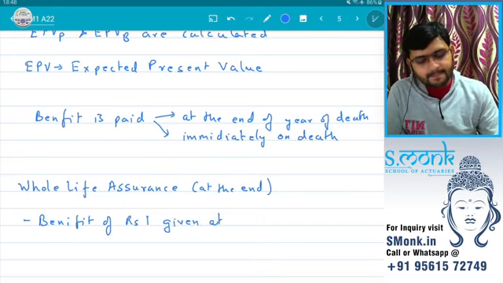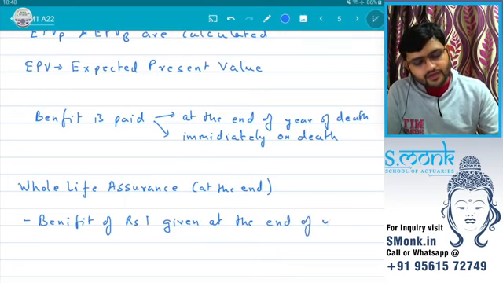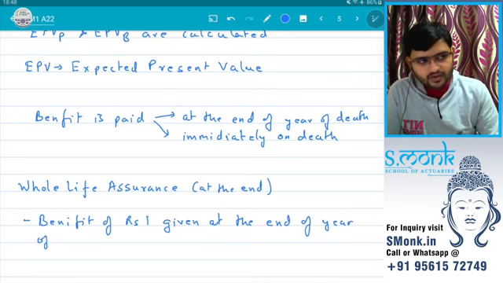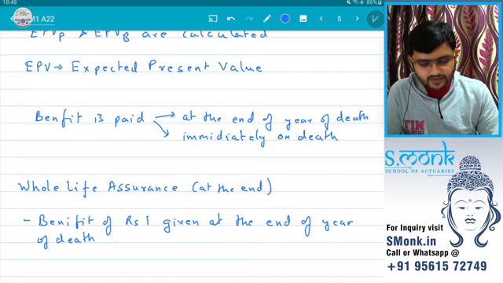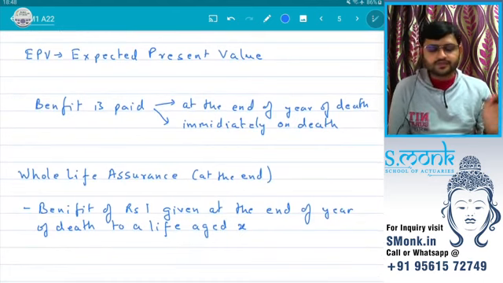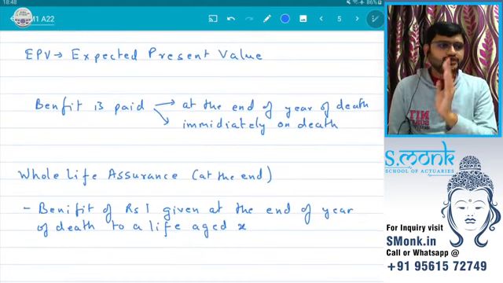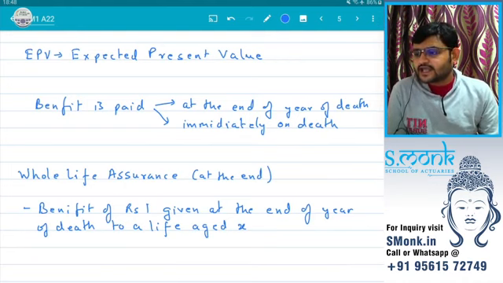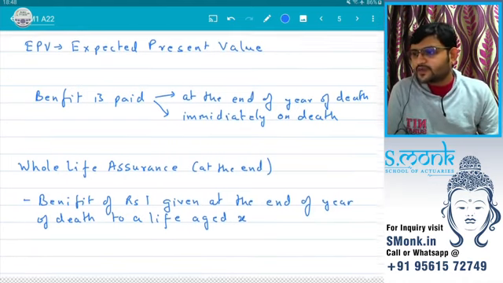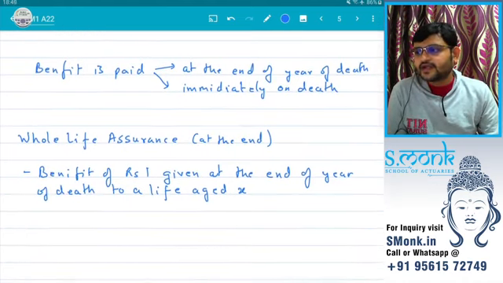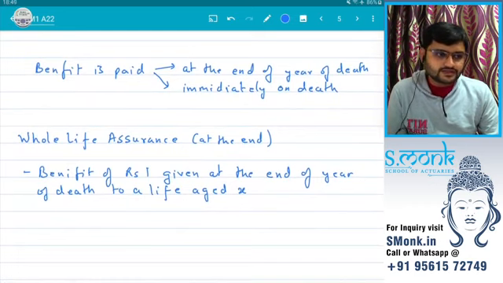given at the end of the year of death to a life aged X. So we are saying the life which is insured is aged X right now, and the benefit of 1 is given at the end of the year of death.